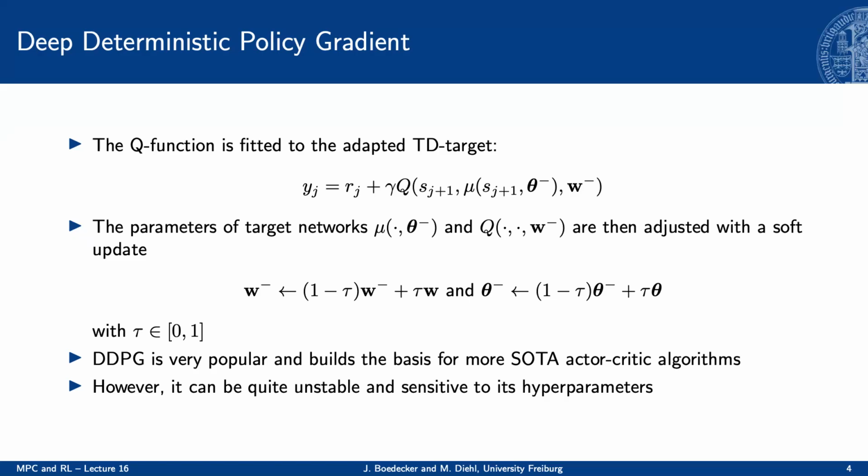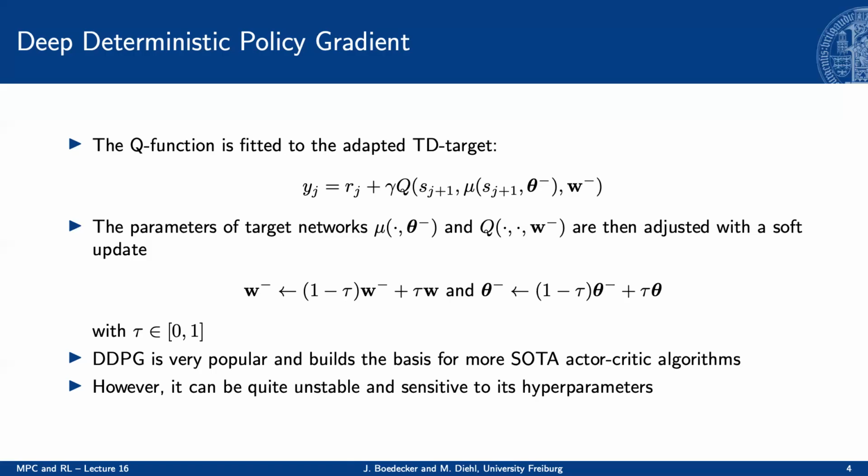Just as in DQN, we want to either keep them fixed, or in this case, update them very slowly, in order to come closer to the case of supervised learning, where we don't have this non-stationarity problem that as we change the parameters of a function approximator, the targets would also change. To avoid that, we do this very slow updating of the target networks, both for the actor and the critic.